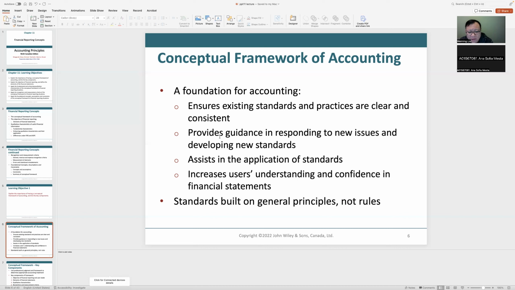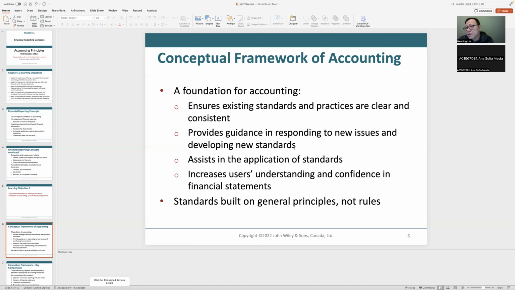We need to have the foundation of accounting to provide guidance in responding to new issues and developing new standards. The world is changing very fast, and there are new things coming out, new ideas, new concepts arising. For example, cryptocurrency. When I was a student 15 years ago, when I learned about accounting, there was no such thing as cryptocurrency.